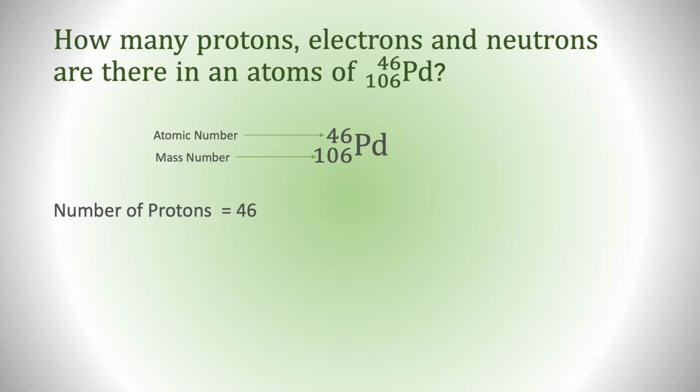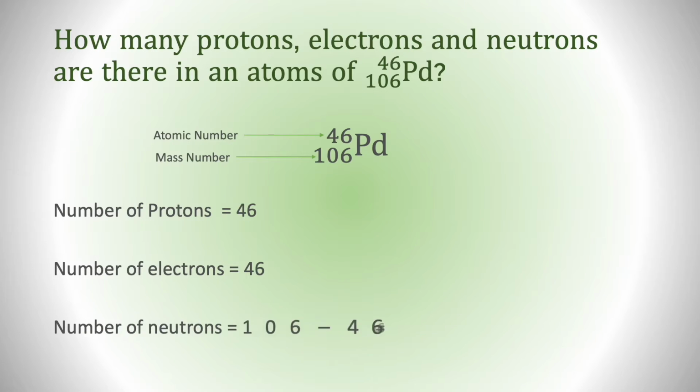Palladium atom is neutral. Therefore, the number of protons should be the same as the number of electrons. Mass number is 106. That is the total number of protons and neutrons together. Subtraction of the number of protons from the mass number gives the number of neutrons.